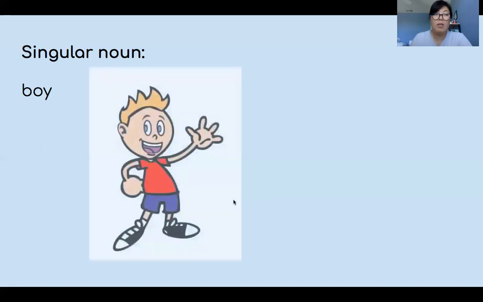Let's break it down. Singular noun. Singular means one, and noun means person, place, or thing. One person, boy. We have one boy. It's a singular noun because it's one and it's a person, boy. What if we have a plural noun?